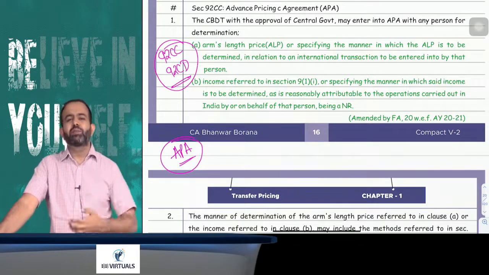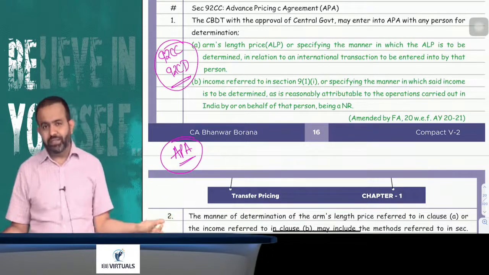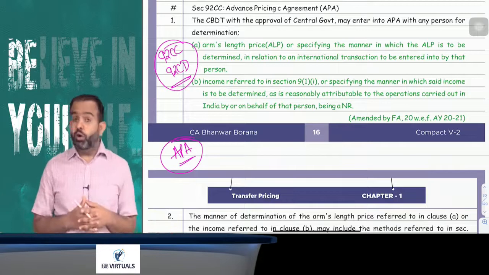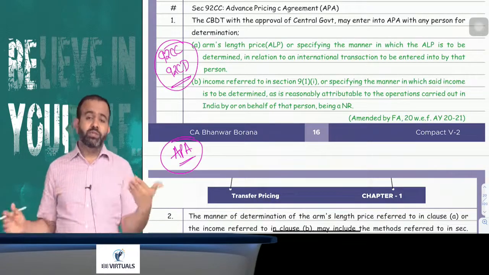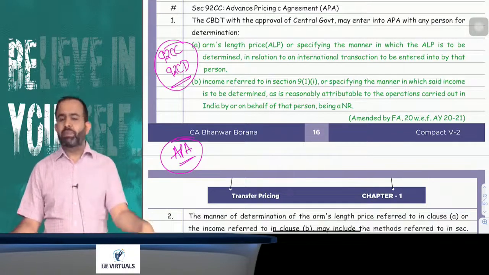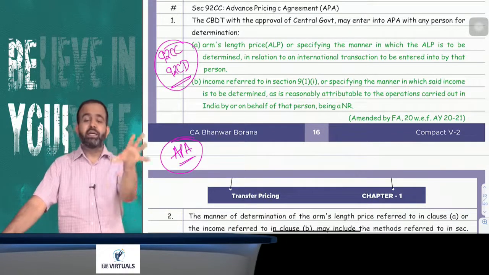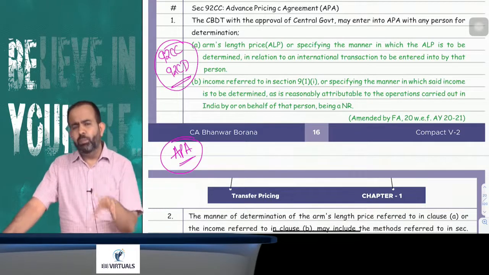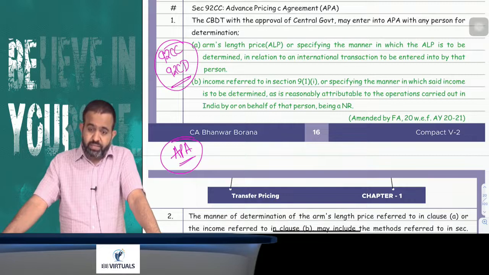The answer is obviously there will be huge disputes in transfer pricing, because transfer pricing itself is a very complex issue. The chances of dispute will be higher, because the assessee will always say the CUP method is applicable, but the department will say no, TNMM or the cost plus method is applicable. So obviously there will be more disputes in case of transfer pricing.